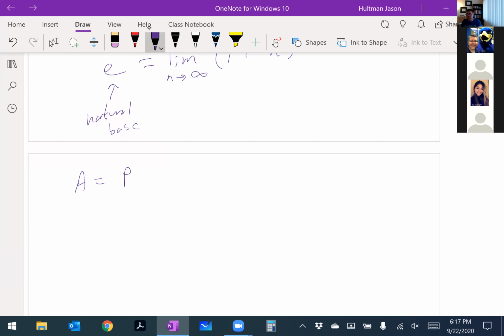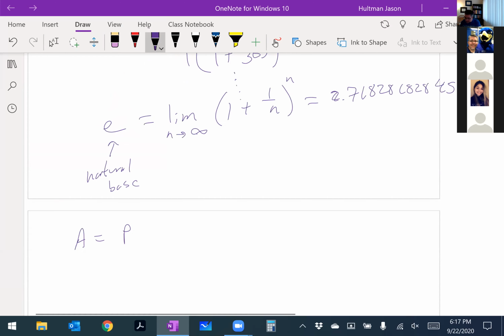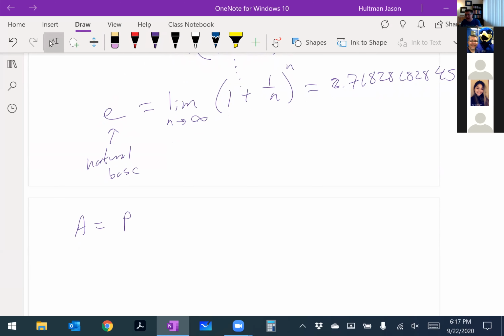Before, we found E when it was $1 invested at 100% over 1 year, but can we generalize this compounding continuously thing for any principal at any interest rate over any time? And that's what we want to do now.